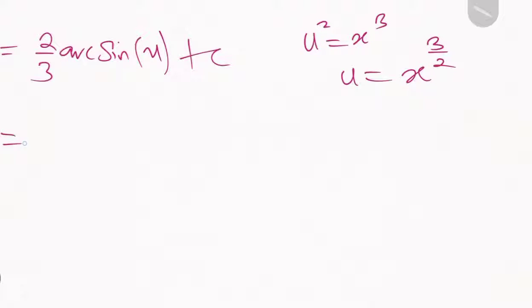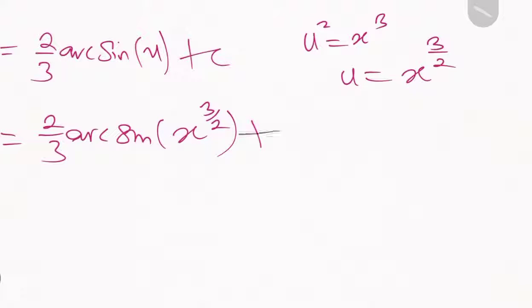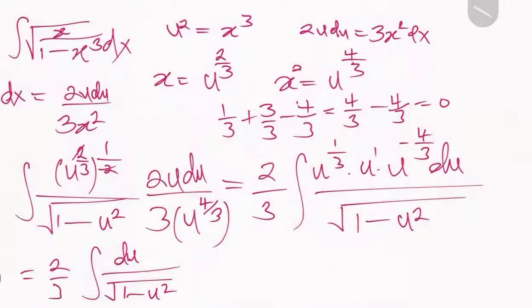So here we have 2 over 3 arc sine of u. What is u now? We have x raised to the power 3 over 2 plus c, and this is the solution to this integral.